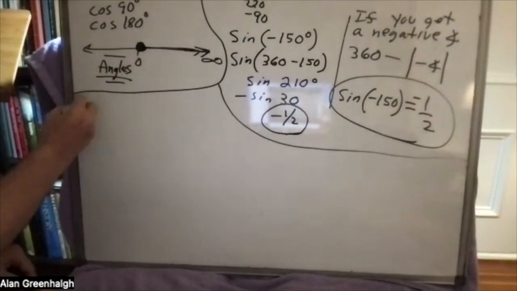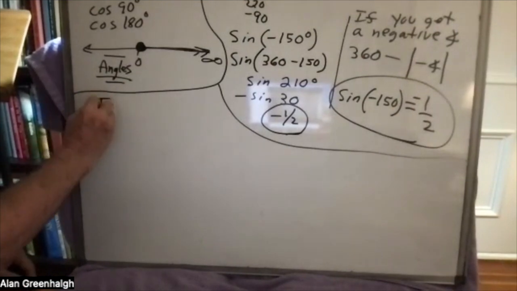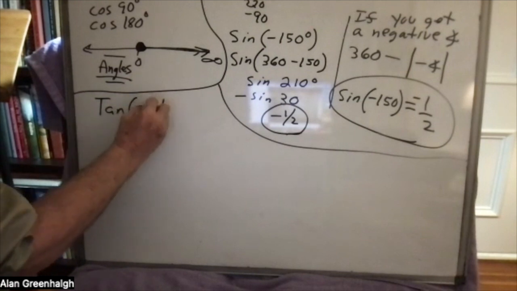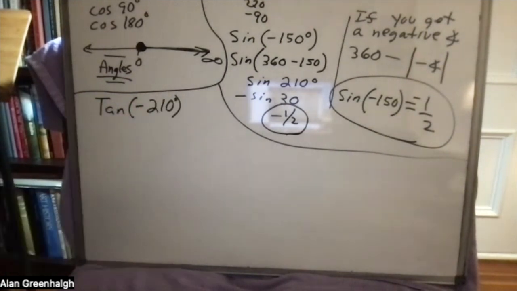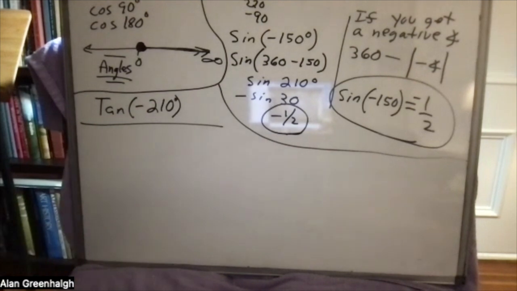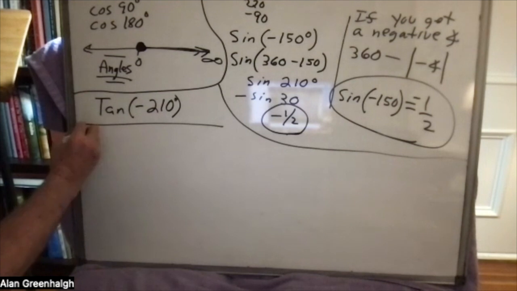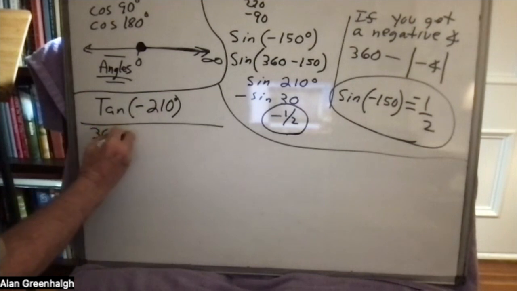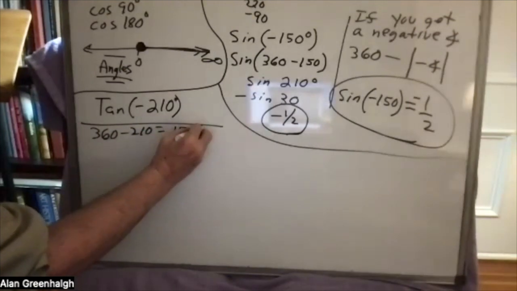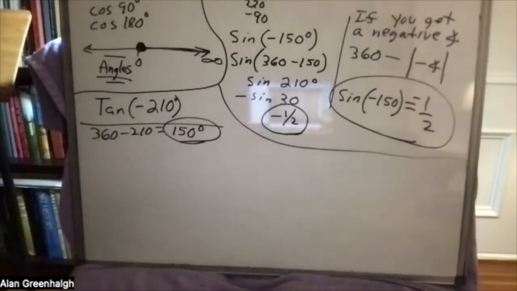Okay, let me give you a problem to try. The tangent of negative 210 degrees. Let's finish this off. So the first thing you do is subtract 360 minus 210. 360 minus 210 is 150 degrees. All right, so this is the angle that we're really talking about.